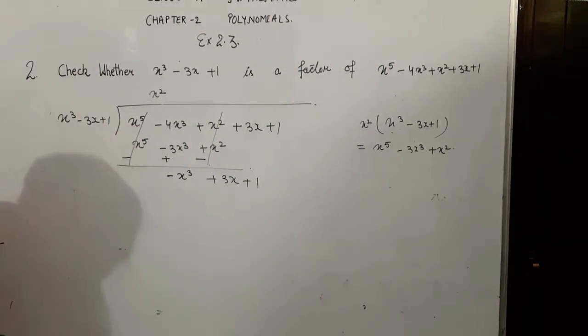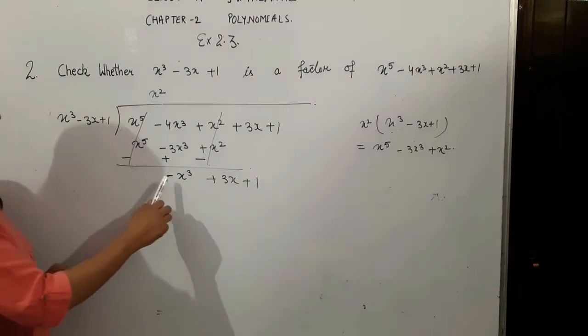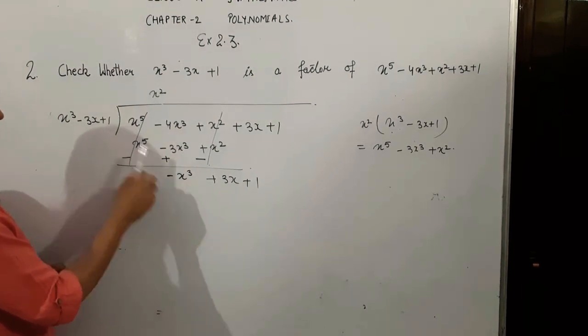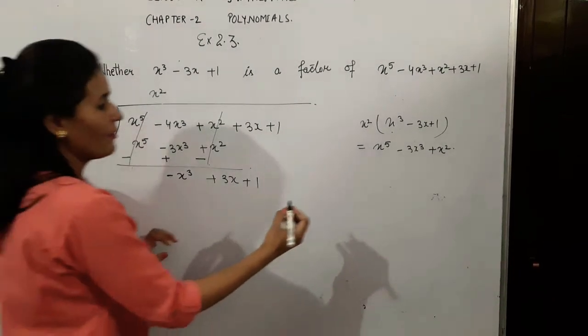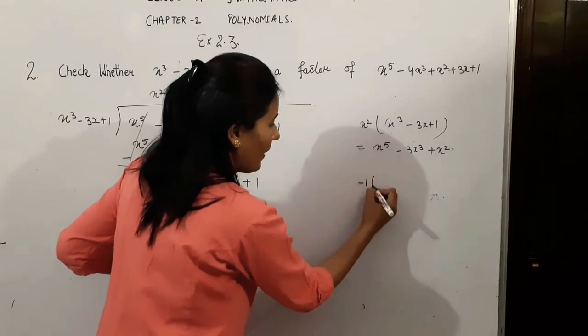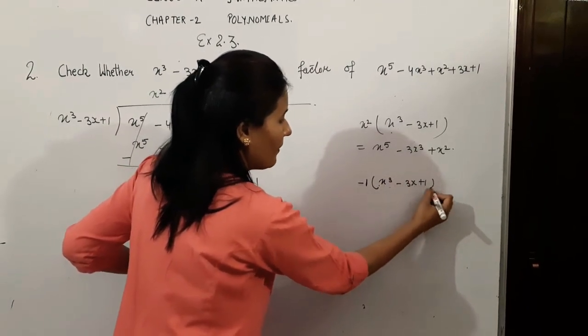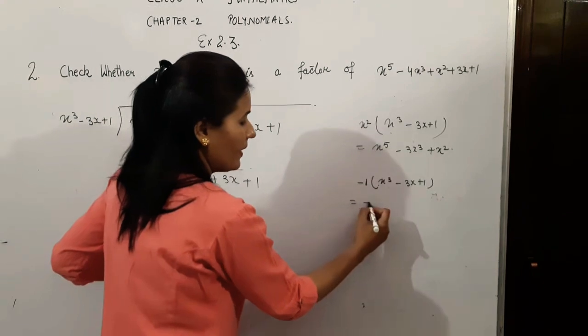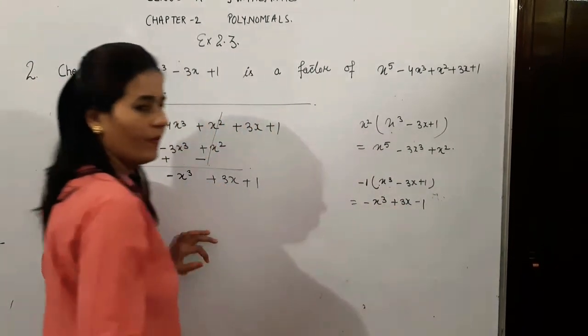Right? Now, we will multiply it by which number so that it becomes minus x cube? Already it is x cube. Right? So, by which number we should multiply? We will multiply it by minus 1. X cube minus 3x plus 1, we are multiplying by minus 1 and it will give you minus x cube plus 3x minus 1. Right?